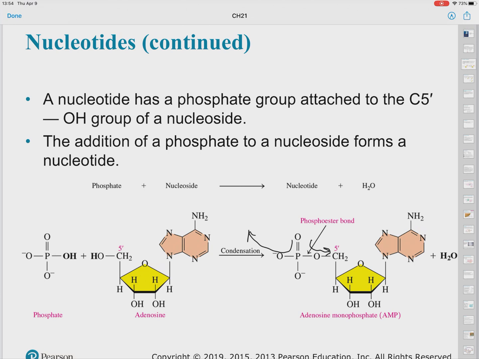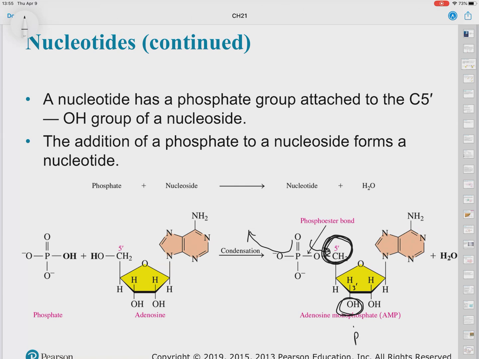It's worth noting too that when we talk about DNA, we say that it's read from 5' to 3'. What that refers to is actually this 5' sugar that we're seeing right here, this 5' carbon on the sugar. The 3' is going to be this carbon right here in the same sugar.